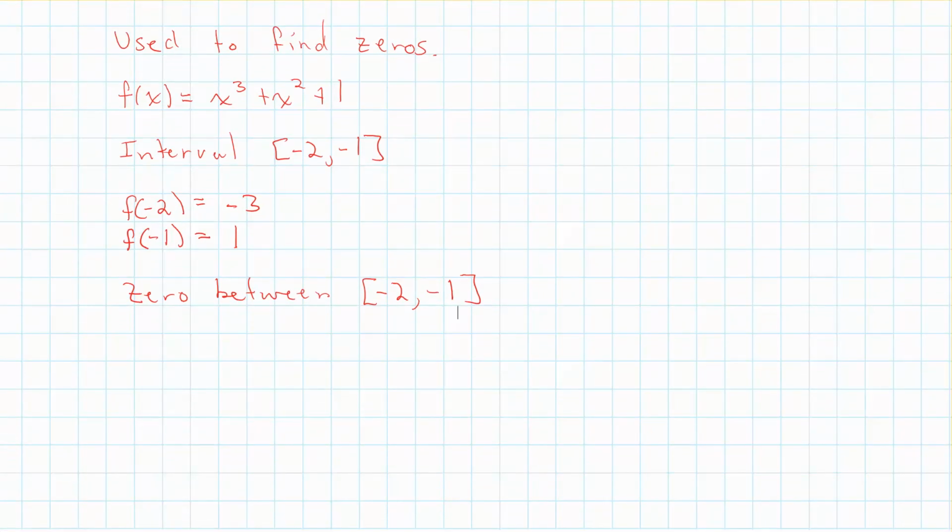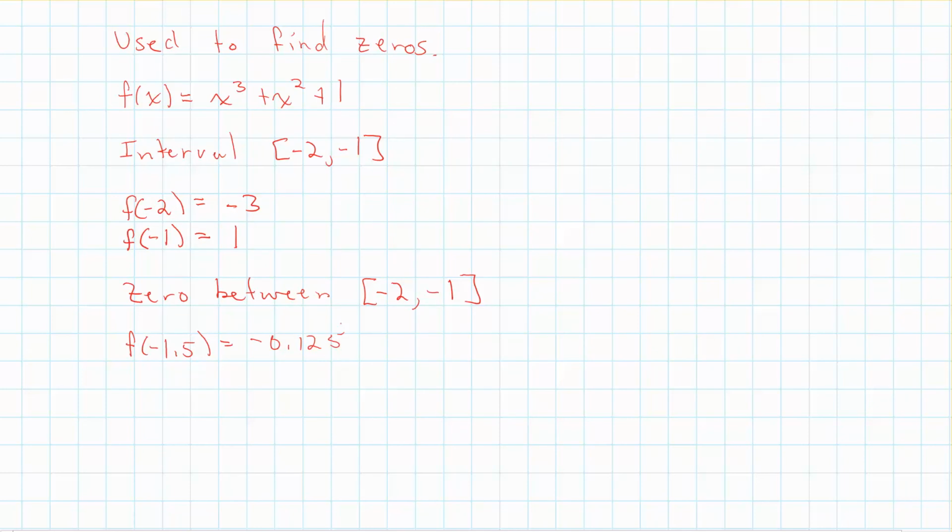but real quickly here, let's then look at f at -1.5. Well, f at -1.5 is the following. It is -0.125.